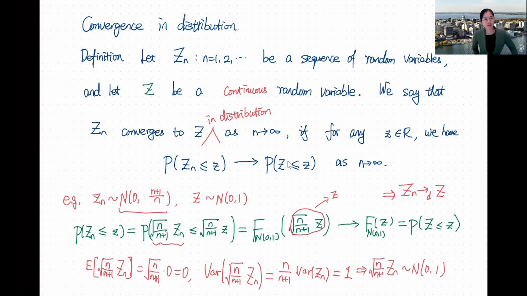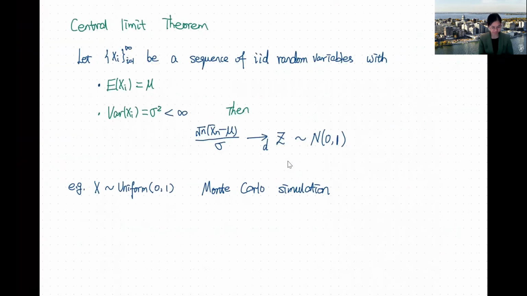Once we have convergence in distribution, we can now introduce the central limit theorem, also abbreviated as CLT. For the central limit theorem, the setup is similar to the weak law of large numbers. We're going to have an IID sequence of random variables.